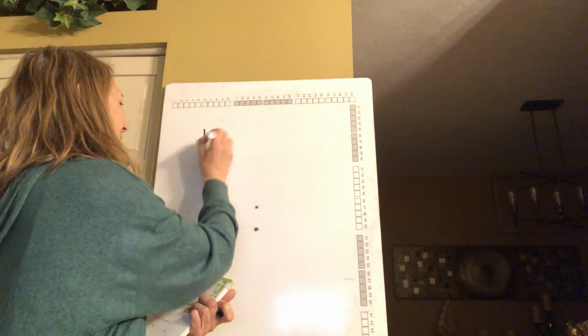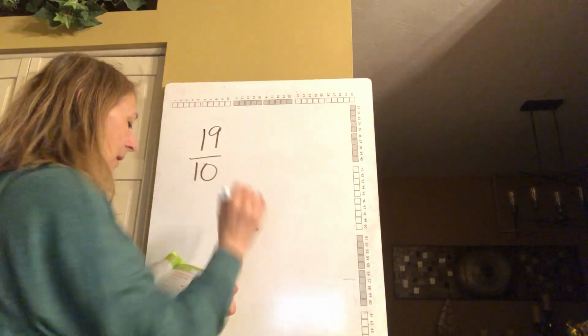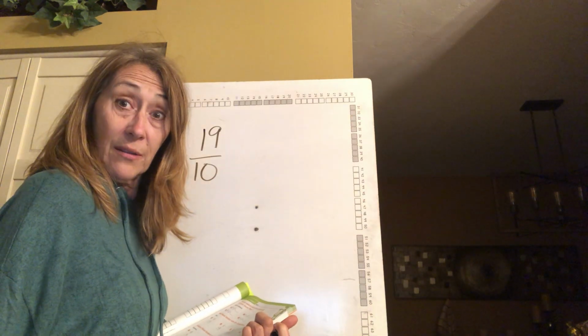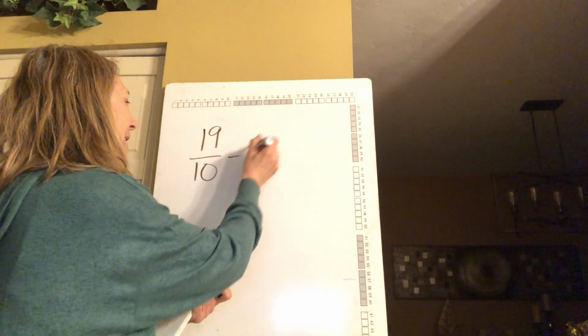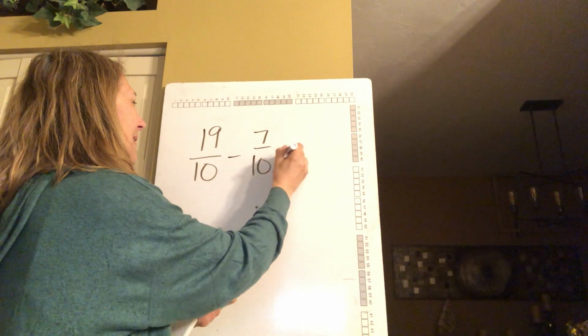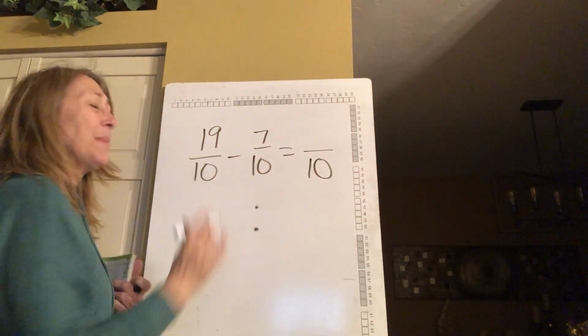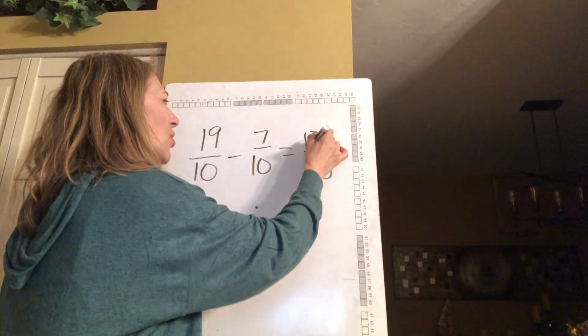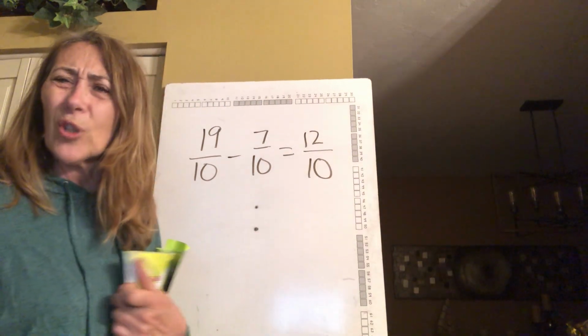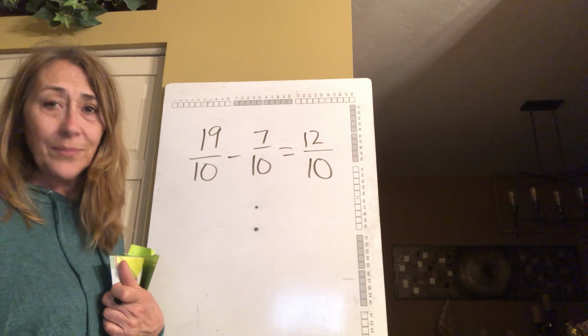Number 6 is 19/10. Wow, that's a fraction greater than a whole. Minus 7/10. Denominator is tenths. 19 minus 7 are 12. What do I know about 12/10?